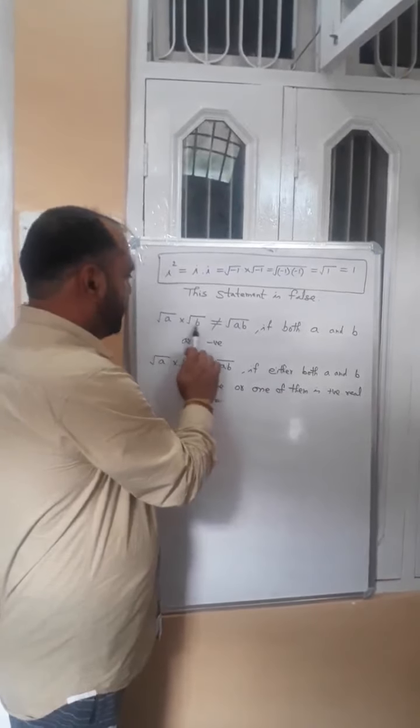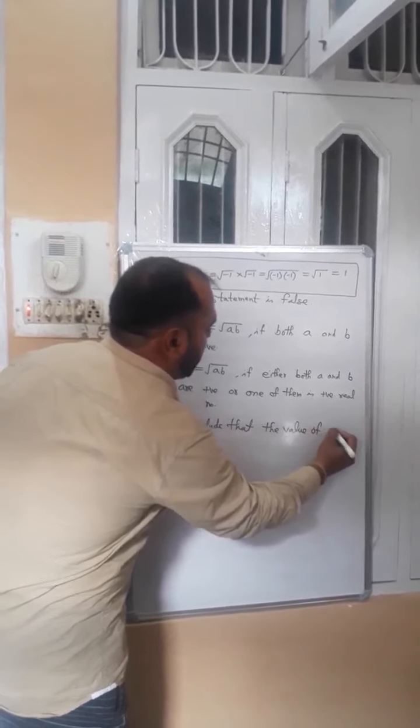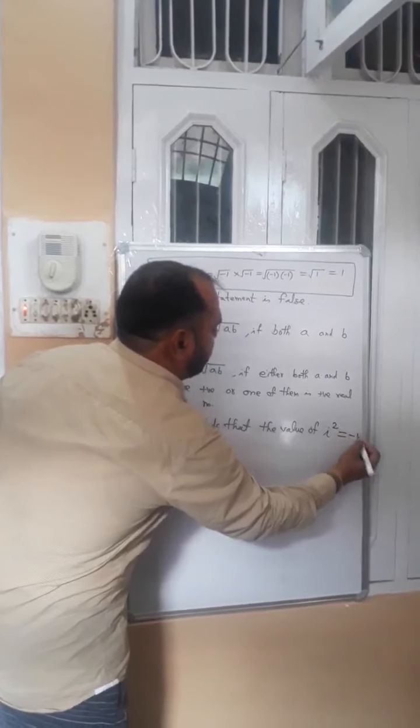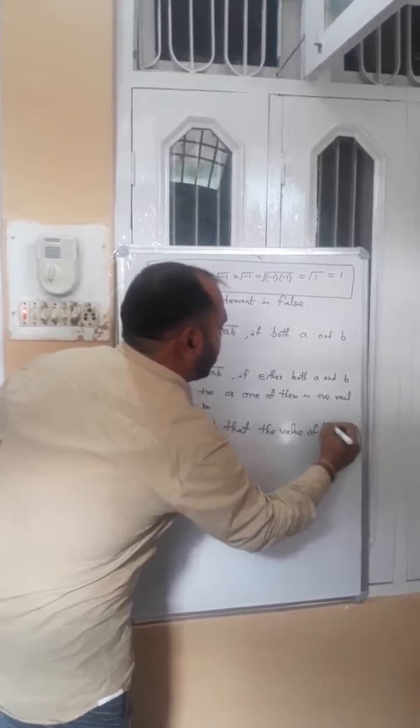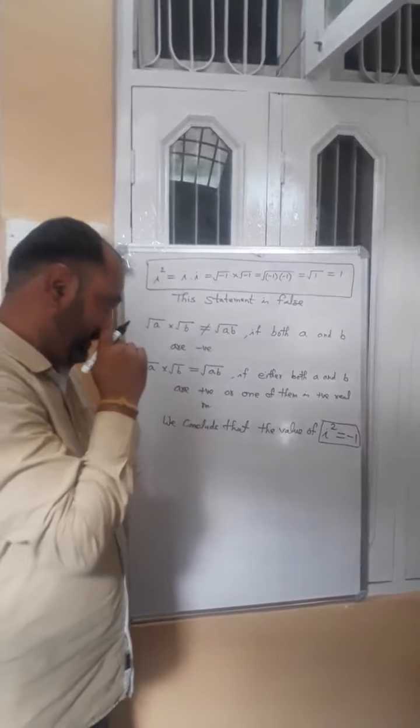So that's why this statement is a false statement. So we conclude that the value of iota square is always equal to -1, right?